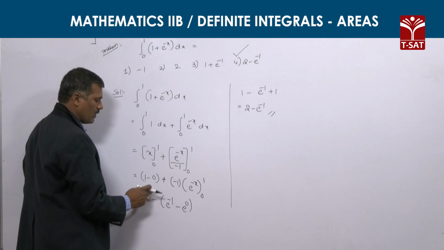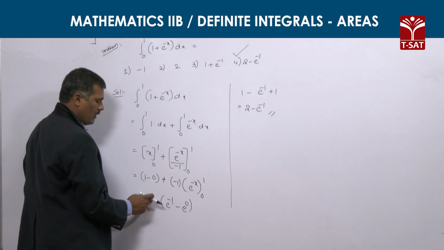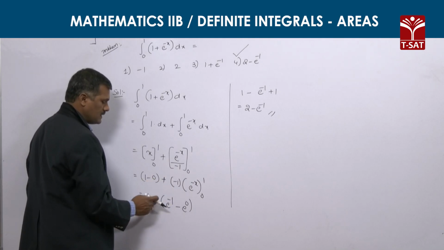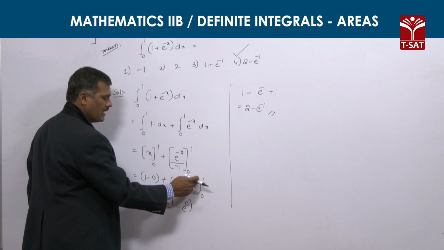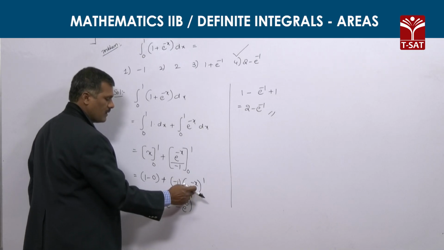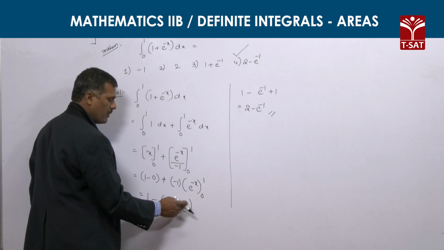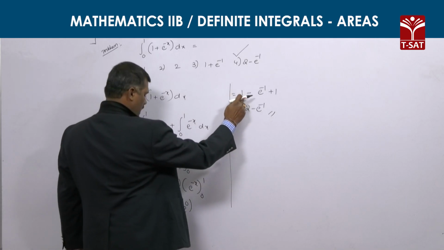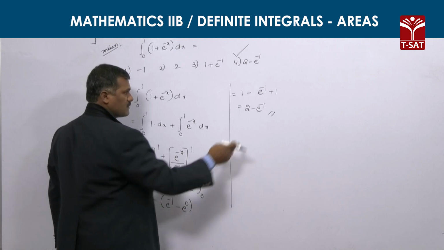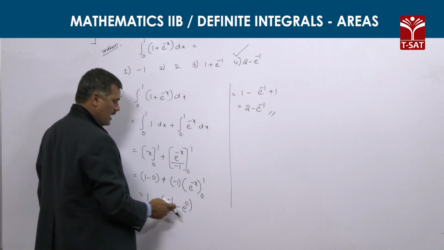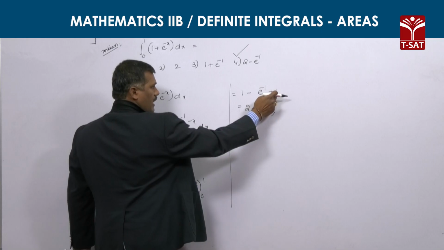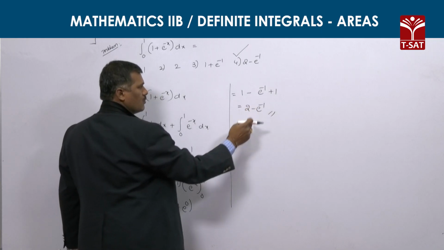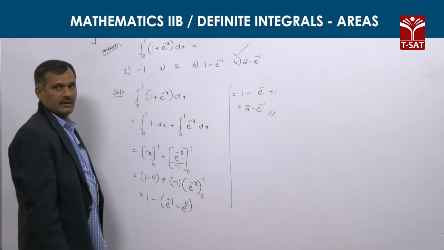Upper limit minus lower limit: 1 minus 0, 1 plus of minus, minus e power minus upper limit 1, e power minus 1, minus lower limit e power 0, e power 0 value 1. So that is equal to 1 minus of e power minus 1 minus, plus e power 0 value 1, that is equal to 2 minus e power minus 1.